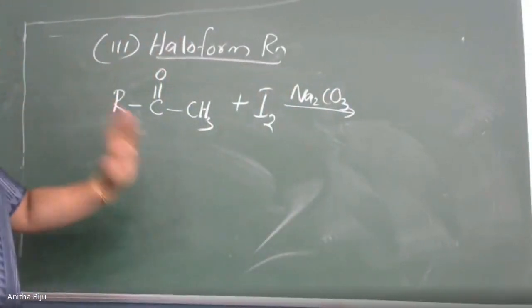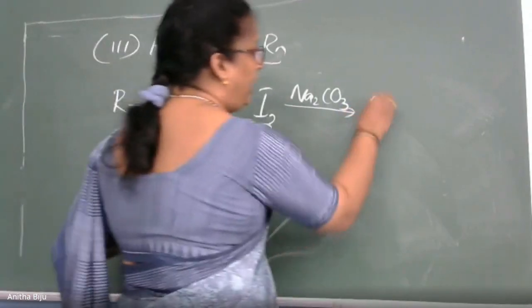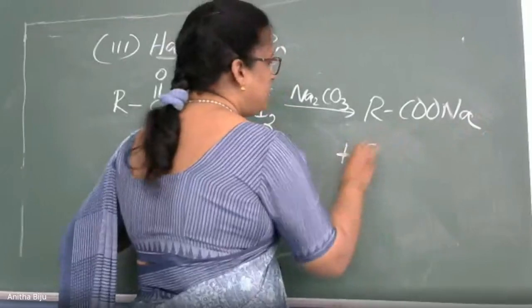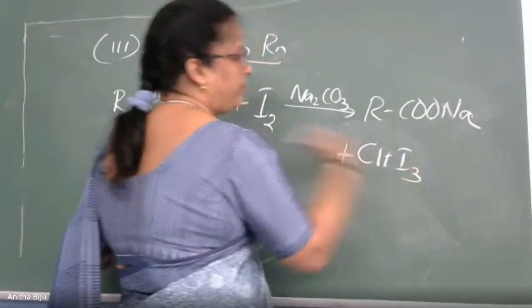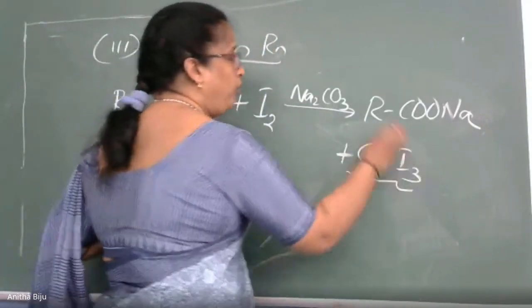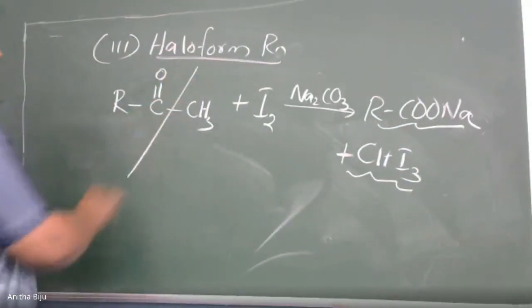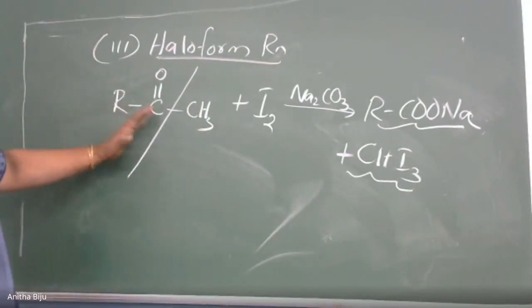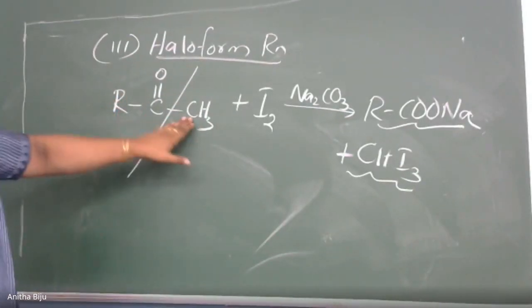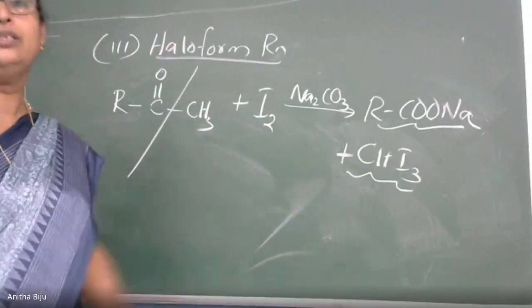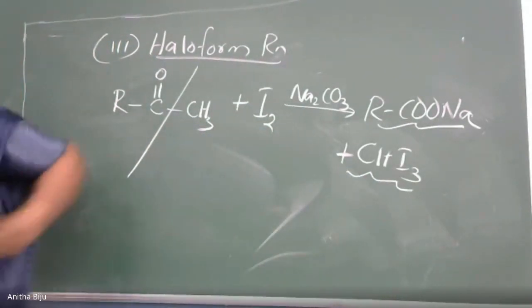Here we get two products. One is RCONa plus CHI3, this is iodoform. This is the sodium salt of the corresponding carboxylic acid. In this part we get the sodium salt of the carboxylic acid, and this part is converted into the corresponding haloform. This is the reaction known under the name haloform reaction.